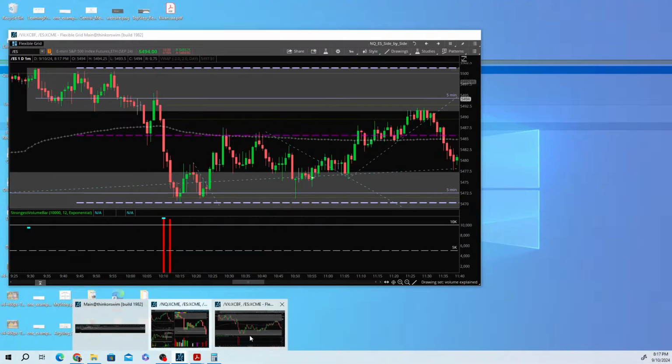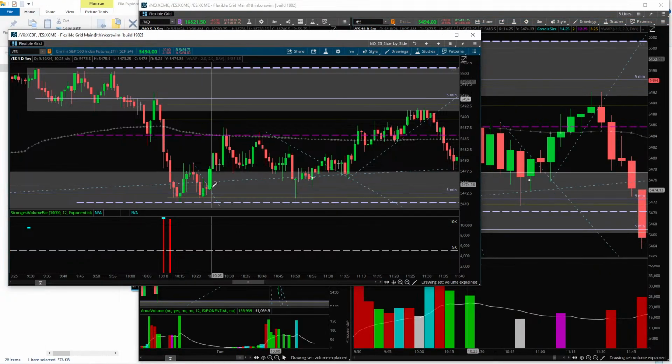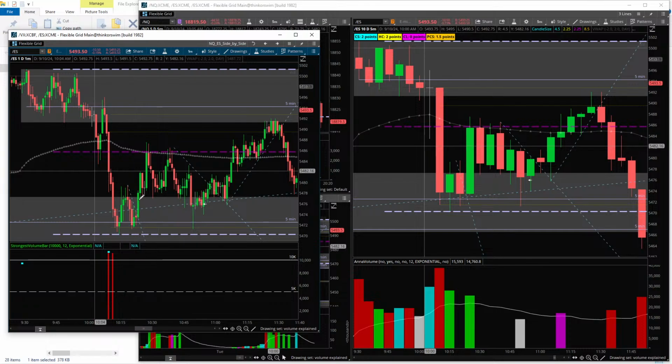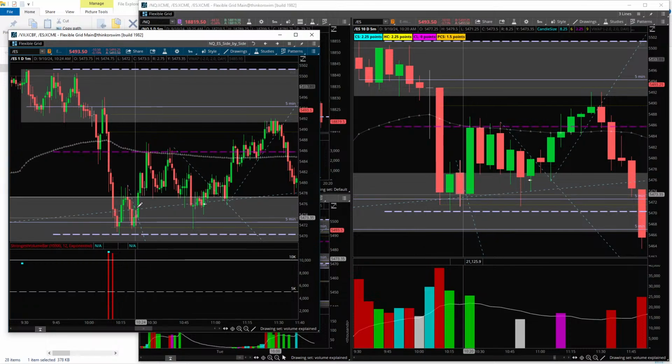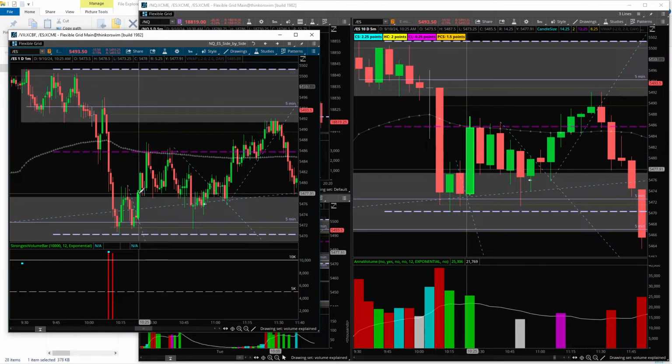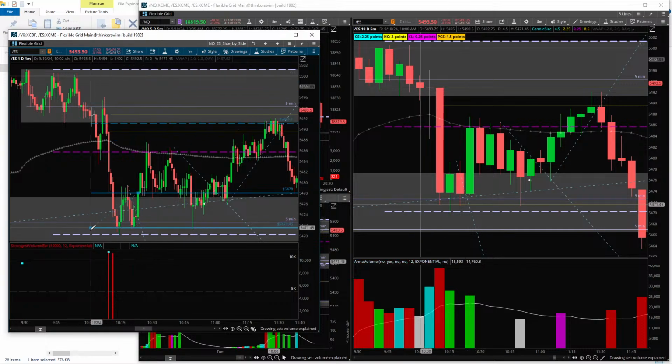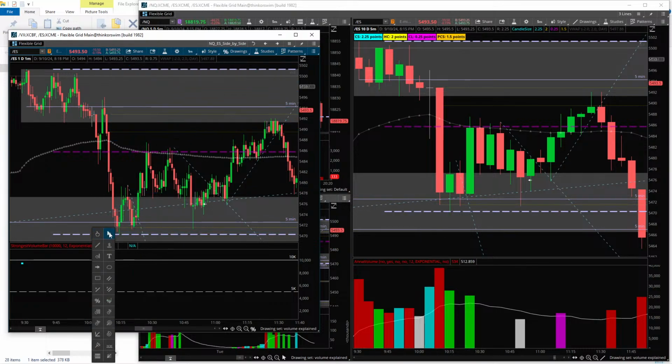The double bottom looked very good actually, so I could have entered while this was breaking. Probably wouldn't, but just trying to catch this. This would have been a good move, but this is way too high from the entry, and it's not going to be a 2-to-1, right?